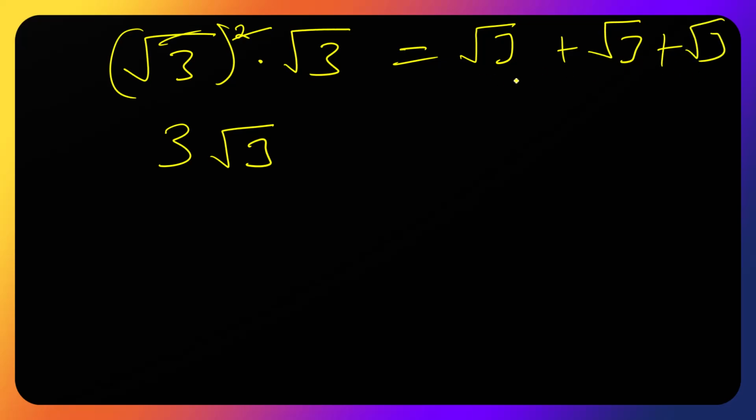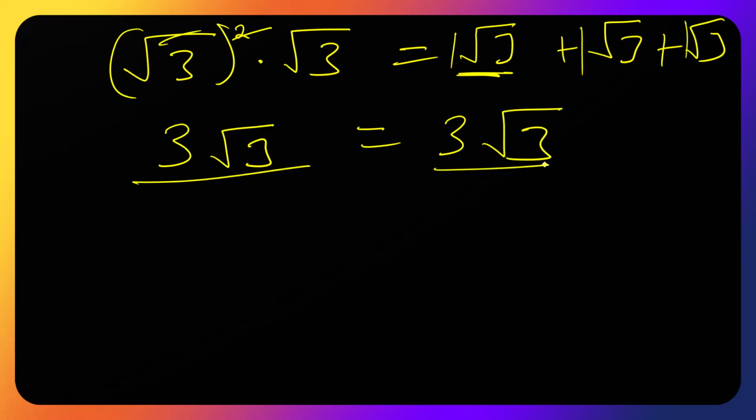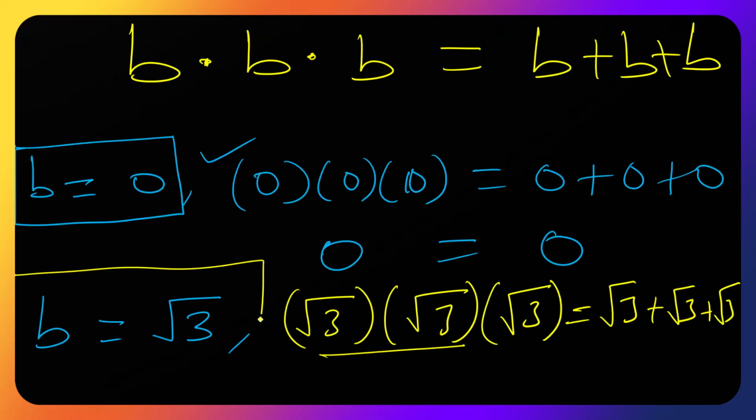On the right, we have square root of 3 plus square root of 3 plus square root of 3, so the coefficients are 1, 1, 1, and that will be 3 with 3. So this equals that. Therefore, the second solution, b equals square root of 3, is also valid.